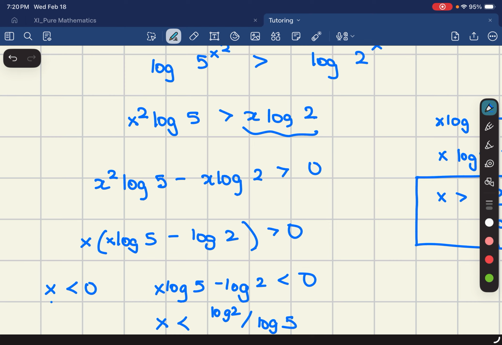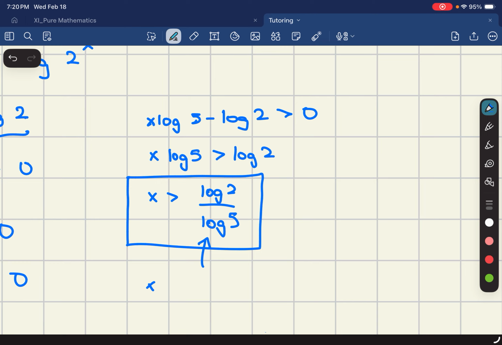So I want my x to be negative, and I also want my x to be less than log 2 over log 5. Well, all negative numbers are less than log 2 over log 5. But there are some numbers between log 2 over log 5 and 0 that are not negative. So we don't want those numbers. So we will only consider x less than 0. So our solution is x less than 0 or x greater than log 2 over log 5.